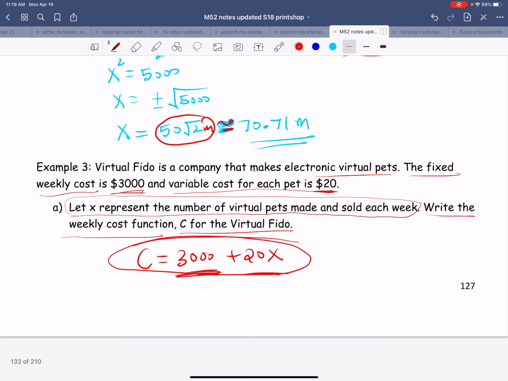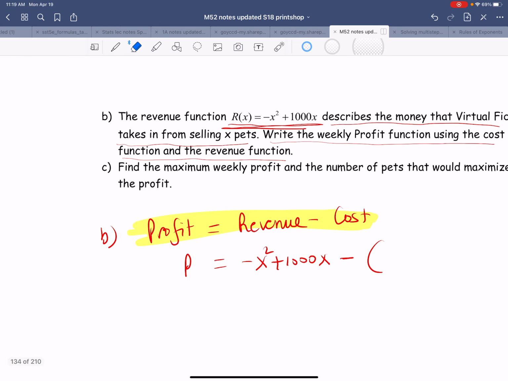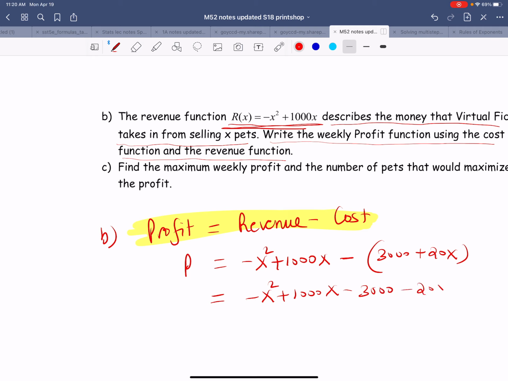We just wrote it on the last page, 3,000 plus 20x. And that leaves me with negative x squared plus 1,000x minus 3,000 minus 20x. Now I'm going to try to combine the like terms, and that's my P of x, profit from x pets. P of x is just, profit is a function of x, where x is the number of pets. Negative x squared plus 980x minus 3,000.